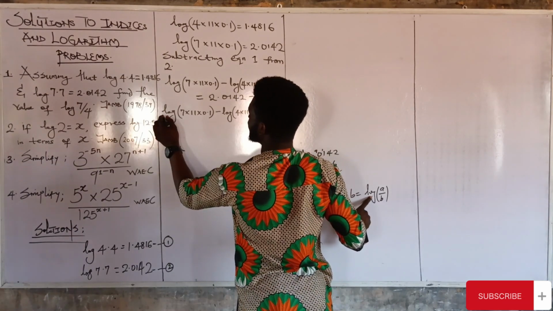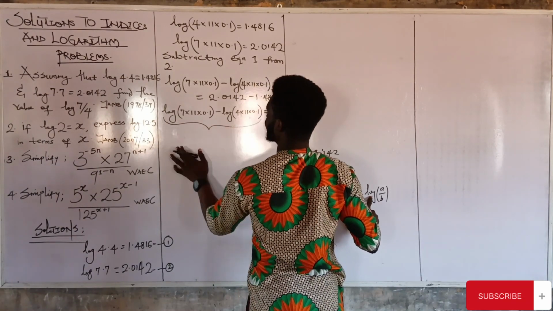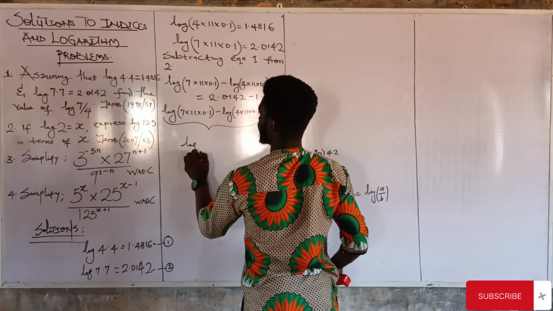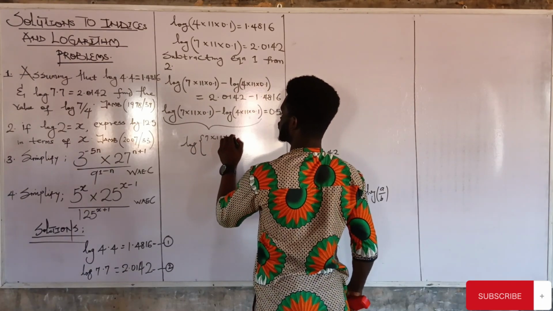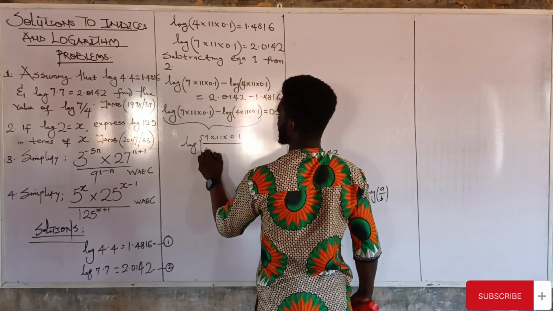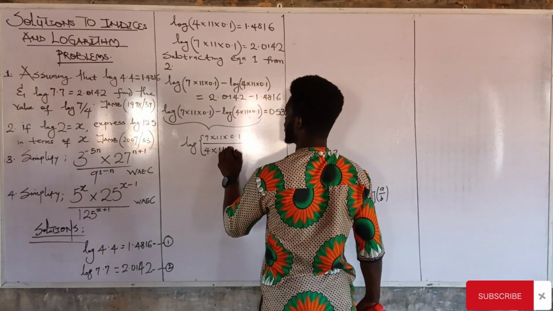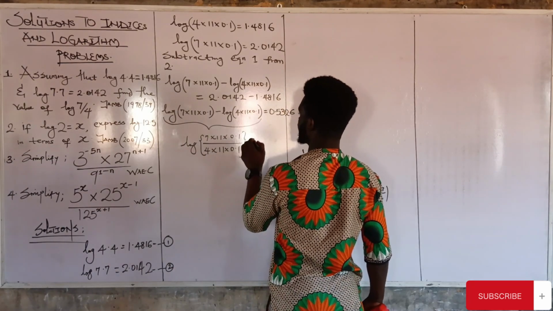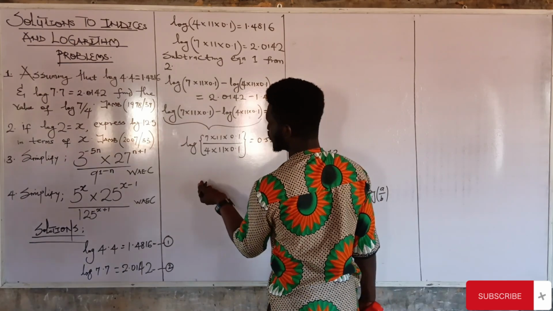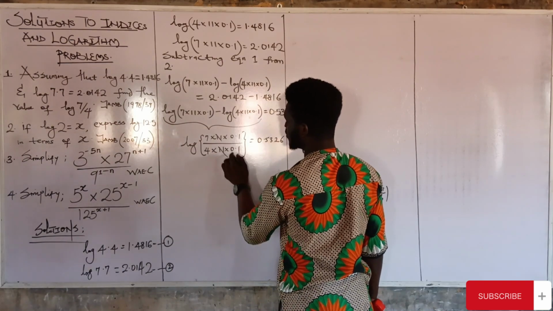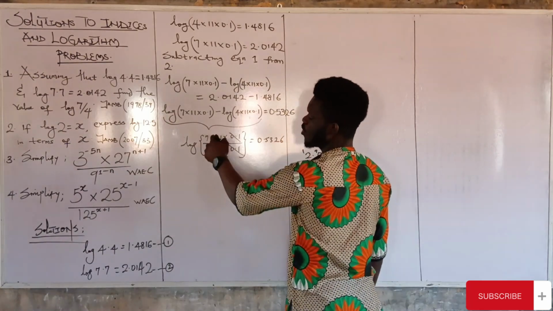This is going to be simplified to become log 7 times 11 times 0.1 divided by 4 times 11 times 0.1, then you have equals 0.5326. What happens here? 11 cancels out 11. 0.1 cancels out 0.1. What do we have now?